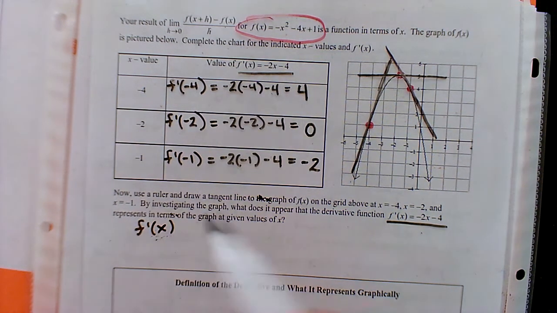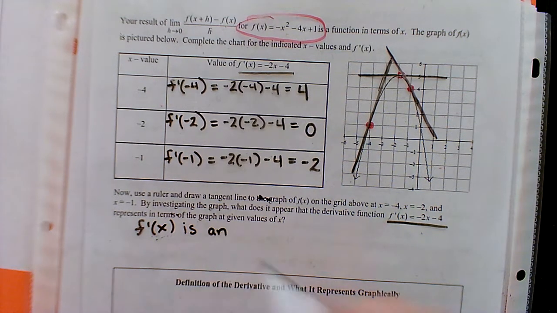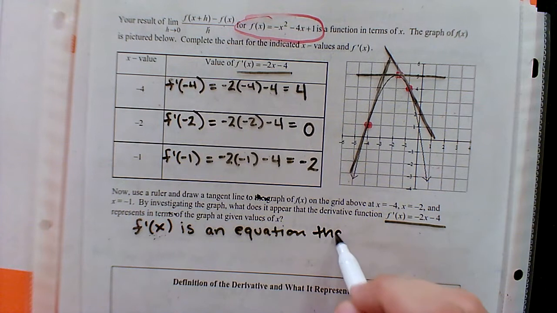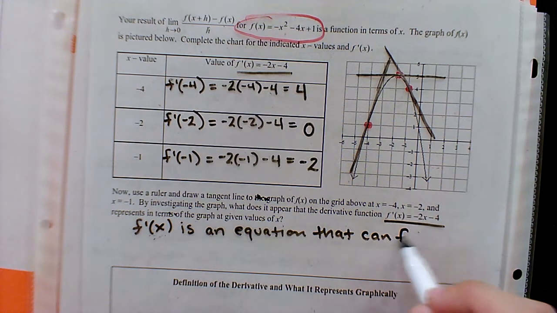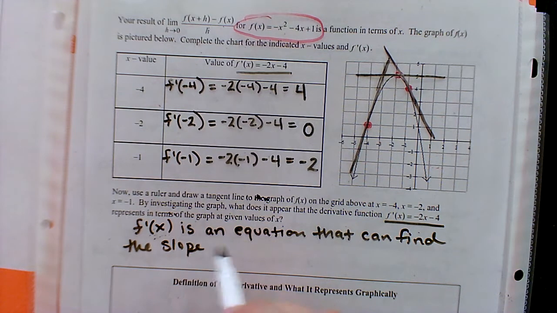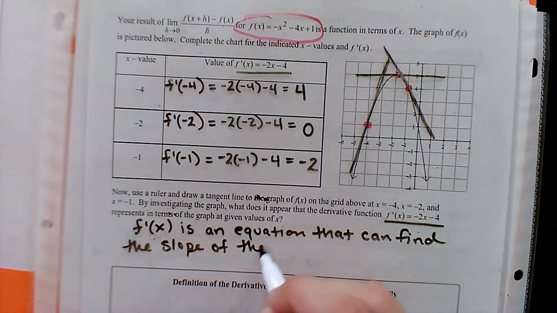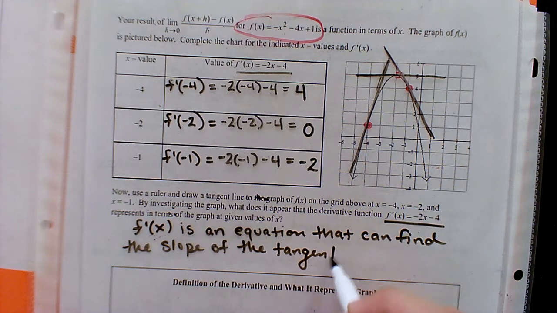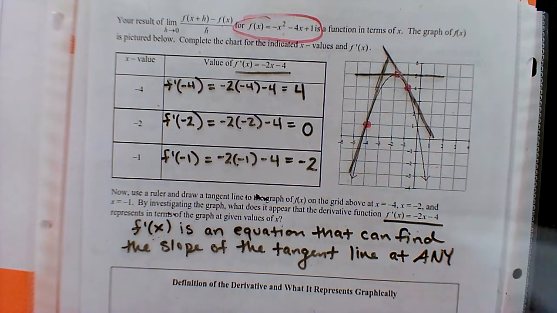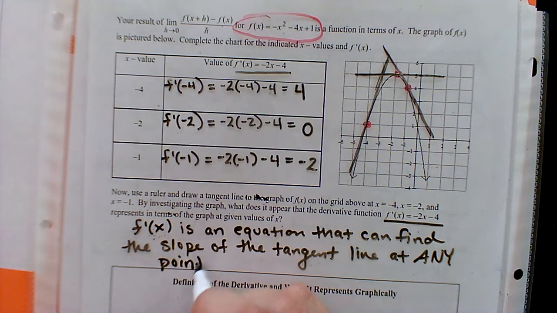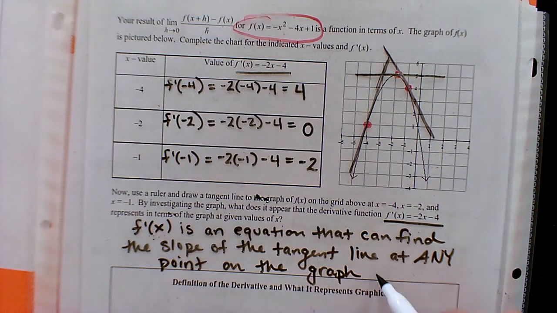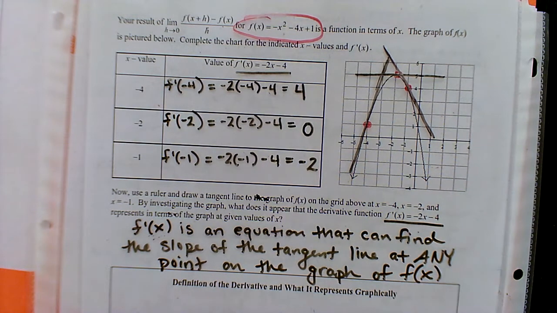The derivative, f prime of x, is an equation that can find the slope of the tangent line at any point on the graph of f of x.